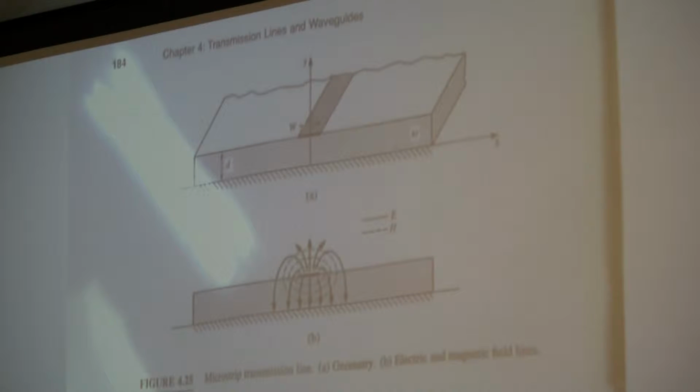Now, most of the boards nowadays are not single layer, by the way. The shapes that I showed you so far are single layer. Most of the shapes that exist nowadays are multi-layered.